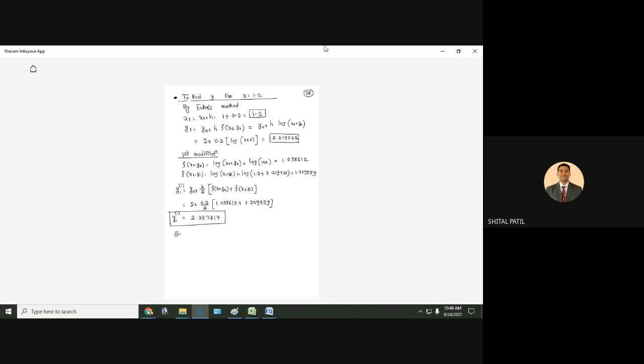So let's compare now. The answer obtained by Euler's method, y1, is 2.219722 and y1 raised to 1 by modified Euler's method is 2.232817.